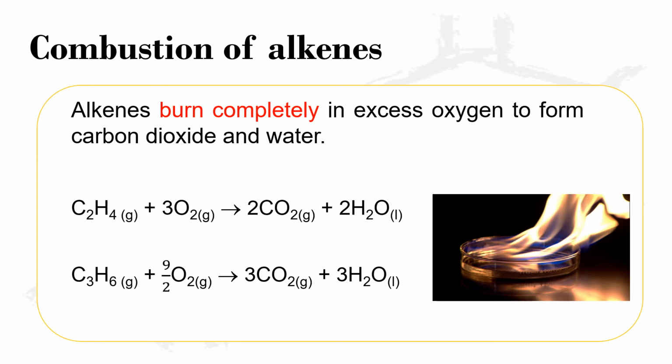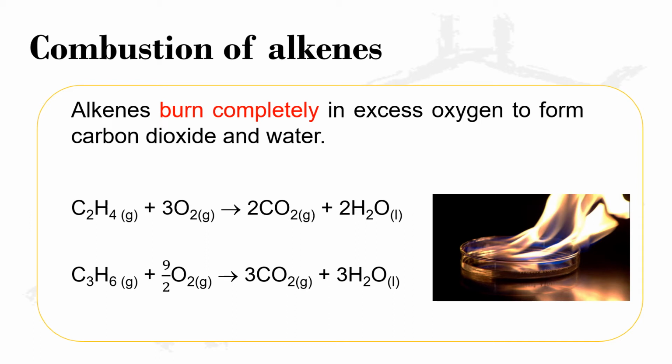You have 2 times 2, 4 from the carbon dioxide, and 2 times 1 from the water. So the total number of oxygen atoms on the right hand side is 6. You need to also have 6 oxygen on the left hand side. We already have 2 because the oxygen molecule is O2, so just multiply by 3 on the left hand side. So we also get 6. And now the equation is balanced.